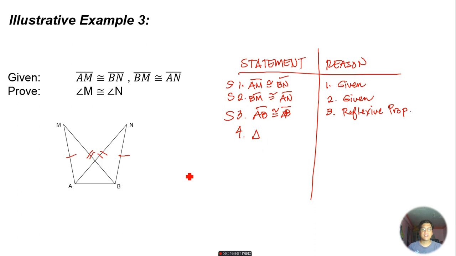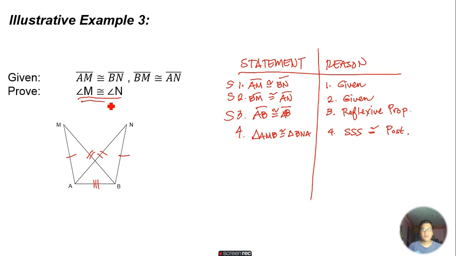So, triangle AMB is congruent to triangle BAN. Therefore, our reason here is SSS congruence postulate.